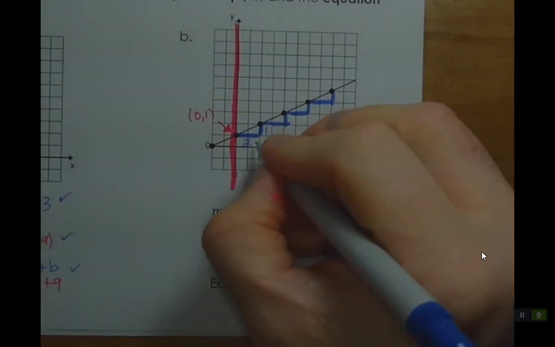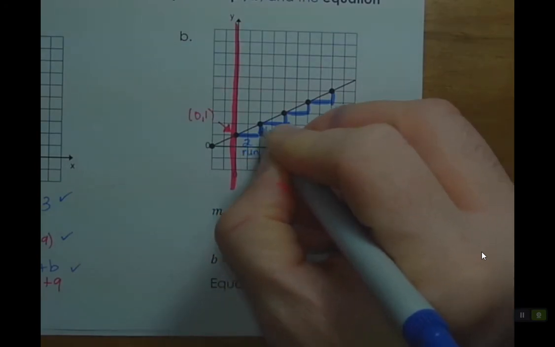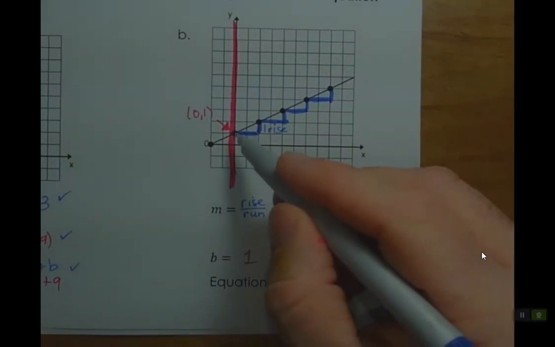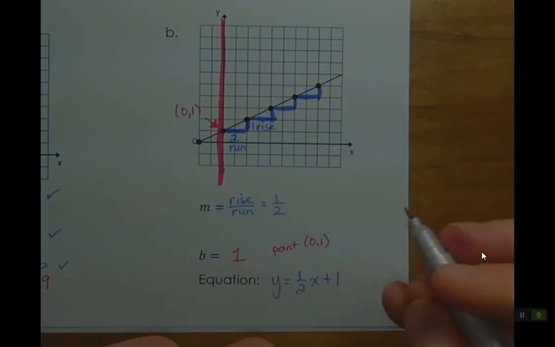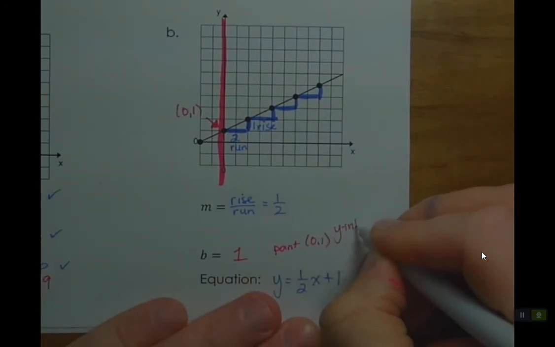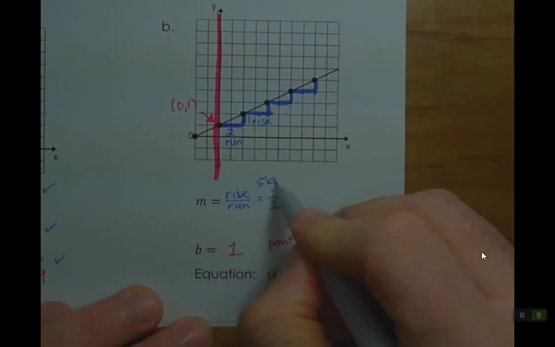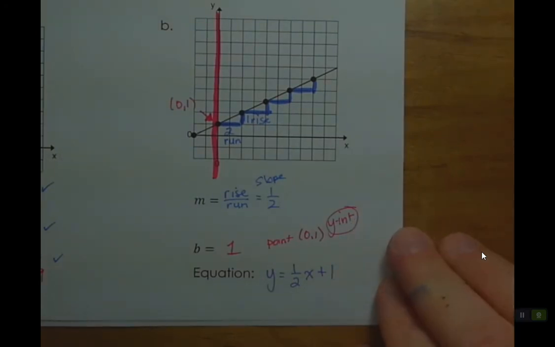All right, find 2 points. There's my run. I have a rise of 1, run of 2, and I find my y-intercept, and I can make my equation. So hopefully that sticks with your brain, and you can keep going on to the last page.